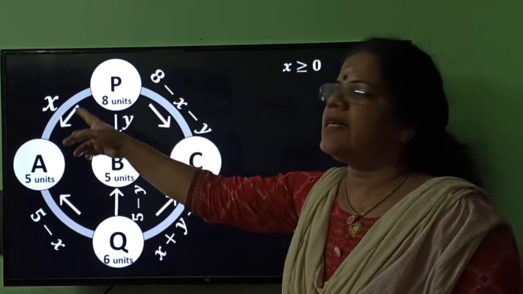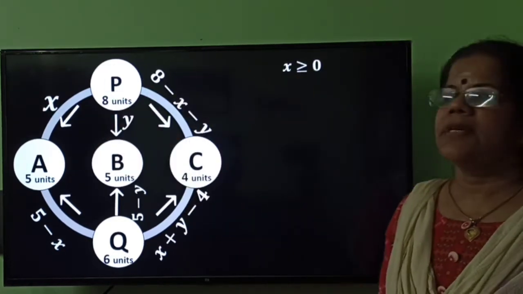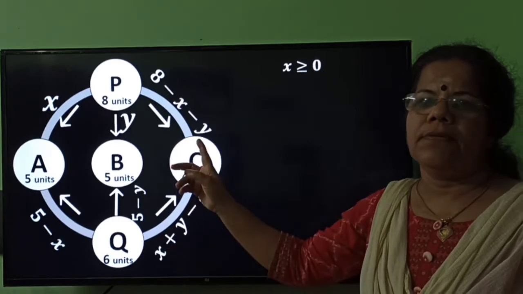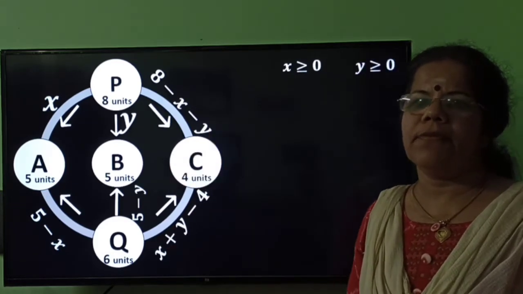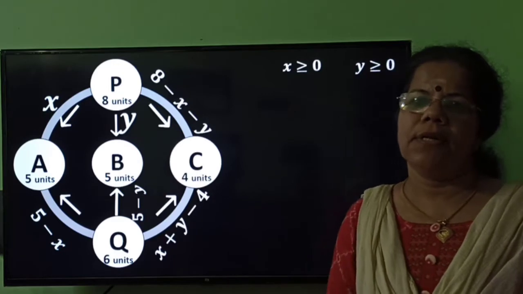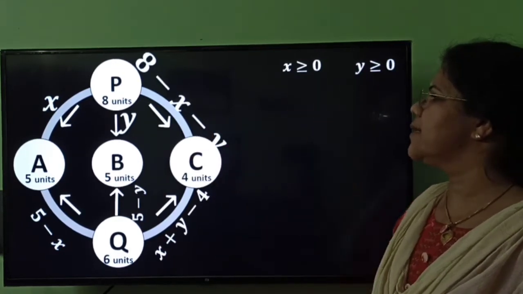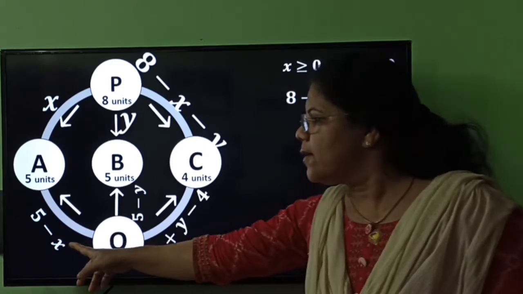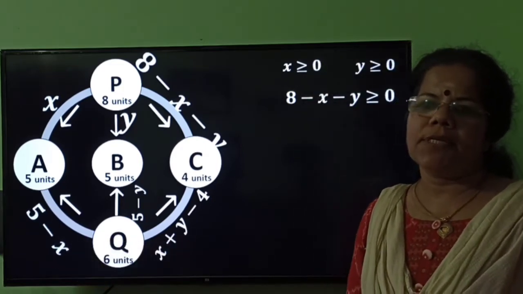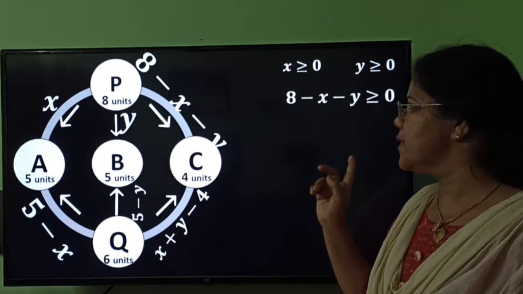First constraint, x greater than or equal to 0. Second one, y greater than or equal to 0. Then third one, 8 minus x minus y must be greater than or equal to 0. Next, 5 minus x must be greater than or equal to 0.